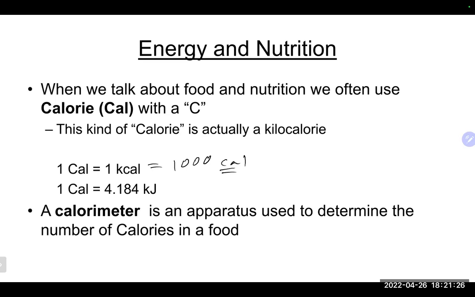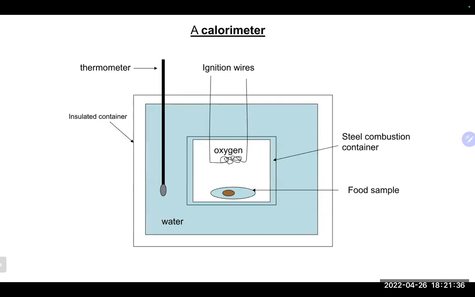A calorimeter is an apparatus, and again, it can be as simple as 2 coffee cups, which we'll use next time, but it can be really nice equipment as well. This is sometimes referred to as a bomb calorimeter because they basically ignite it on fire. You put your food sample, or your cookie, I suppose, with some wire in there, in an oxygen-filled container. That's a pretty much isolated container.